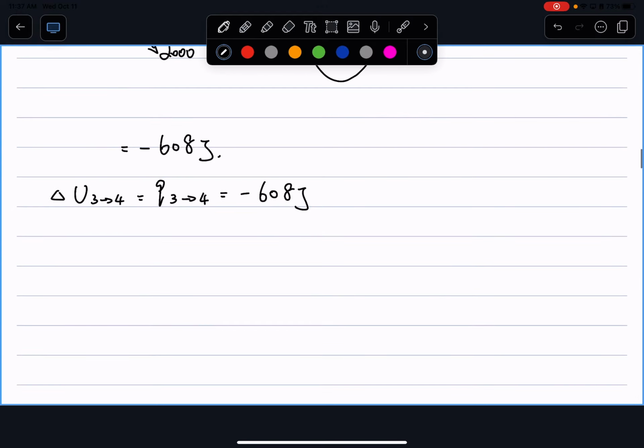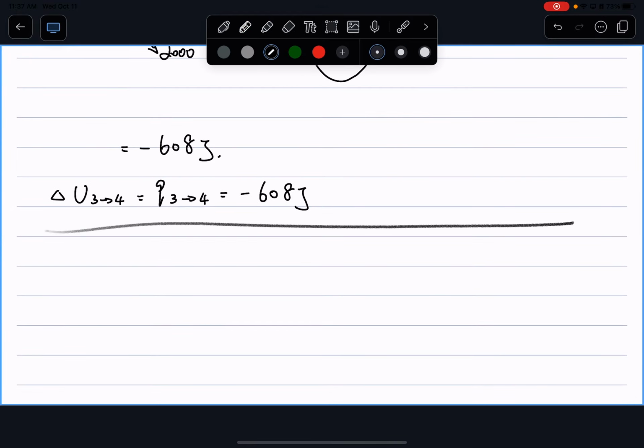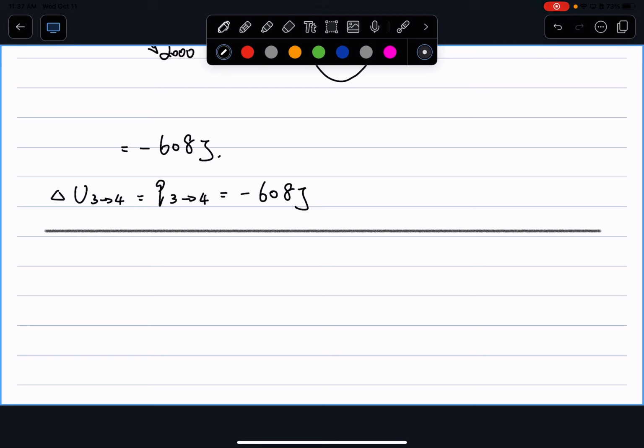All right, and let's work out our last step, which is our 4 to 1. Now we're going back from 4 to 1 here. And this one is an isobaric, or constant pressure, process.